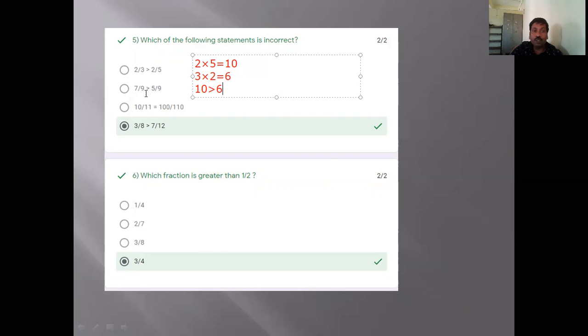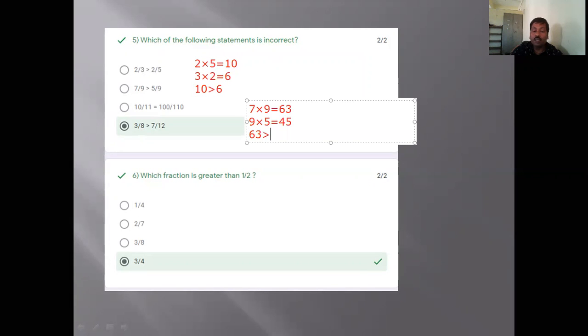In the second option, when we multiply 7 into 9, we get 63. And now 9 multiplied by 5, we get 45. Here we see 63 is greater than 45. So that means 7 by 9 is greater than 5 by 9. This is also correct.